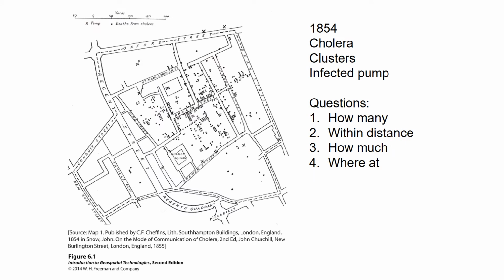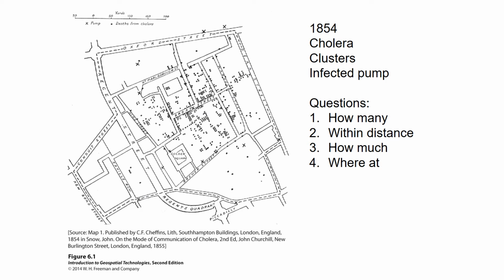Some of the earliest spatial analysis that we know of occurring, that's documented, was when John Snow mapped cholera deaths relative to the water source from where the people drank in 1854, and he identified which pumps, public water sources, he believed to be contaminated with whatever was causing the cholera.